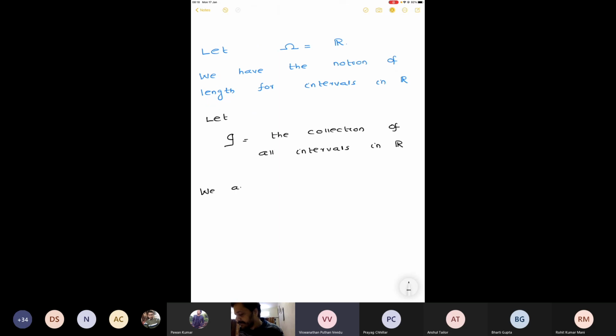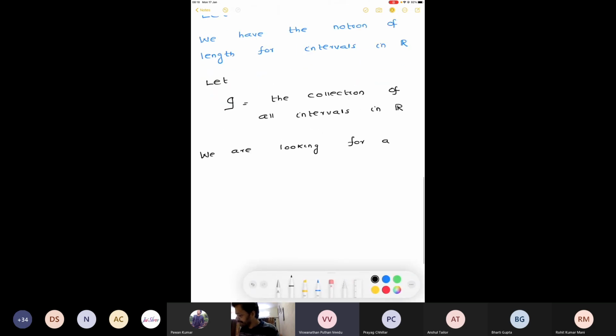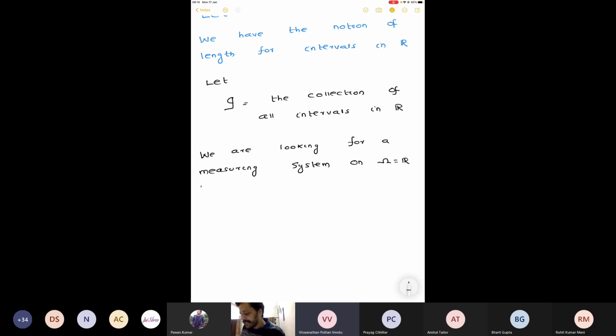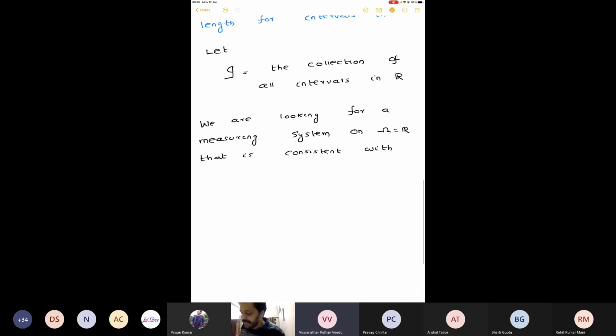We are looking for a measuring system or a measure on omega equal to R that is consistent with length.